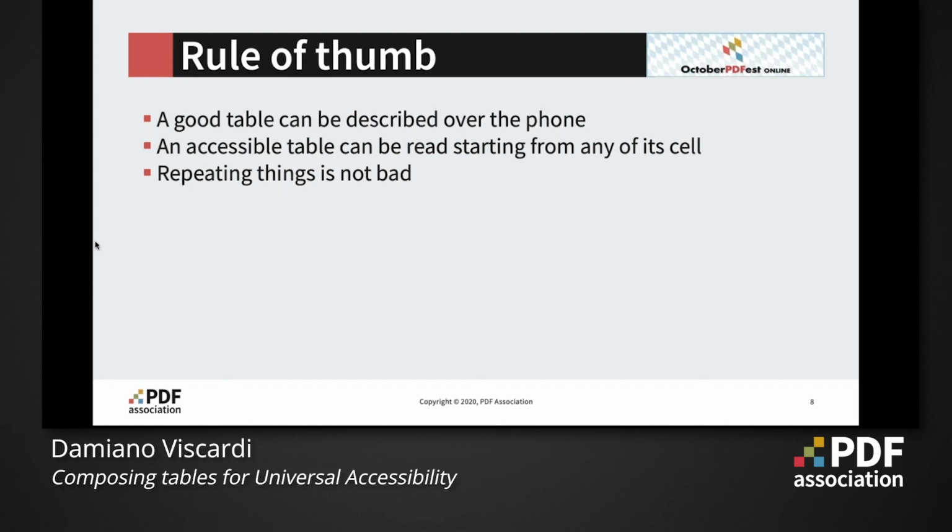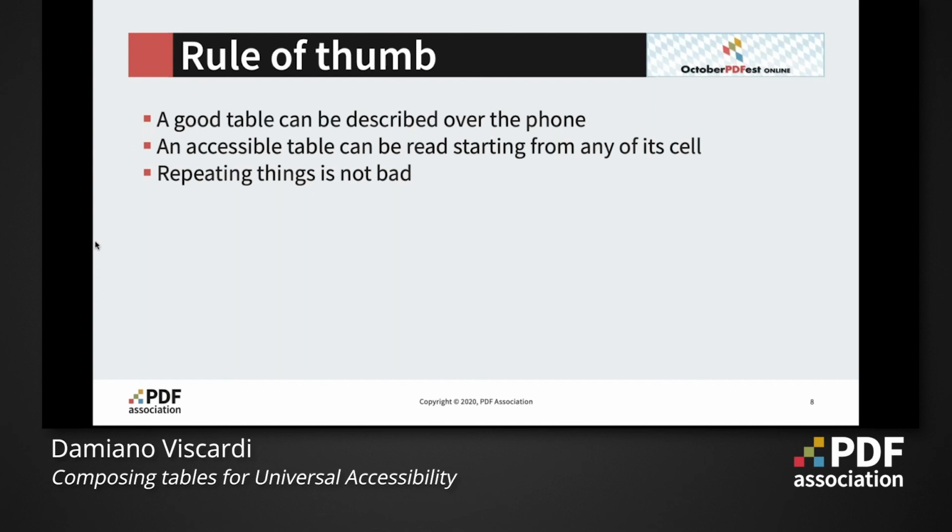I can tell you there are a certain number of columns and there are rows, and each column is dedicated to a specific content. Then I can start to read the content of the table, and based on the index of the column, you can understand what I'm describing. If the table is too complex or does not define correctly its content, it's not a good table, and I cannot describe it without showing you the table actually.